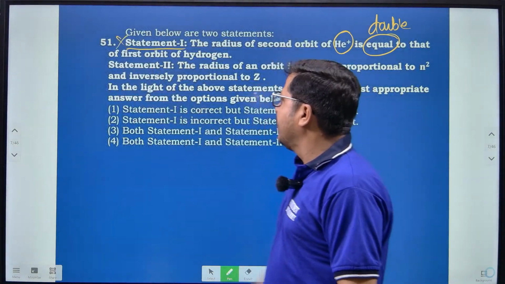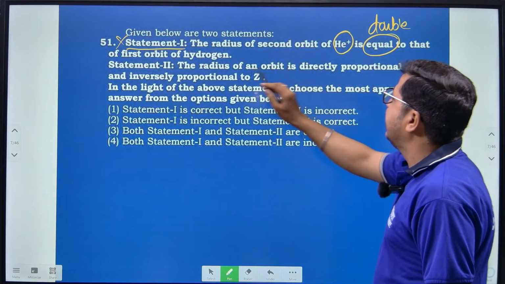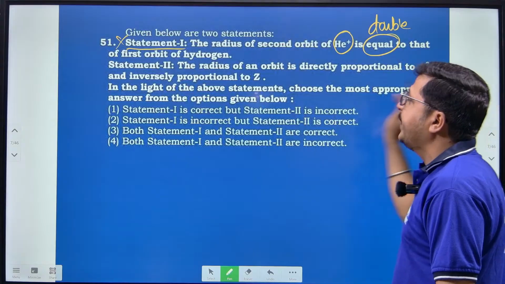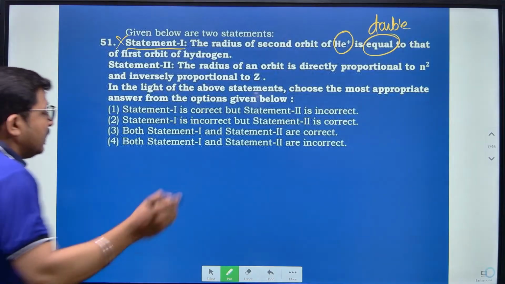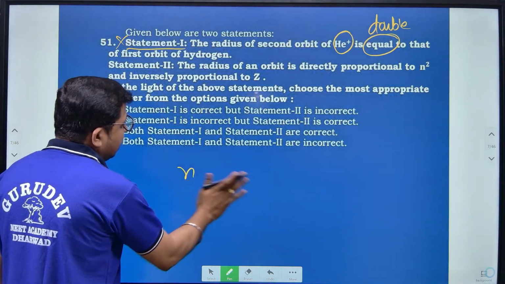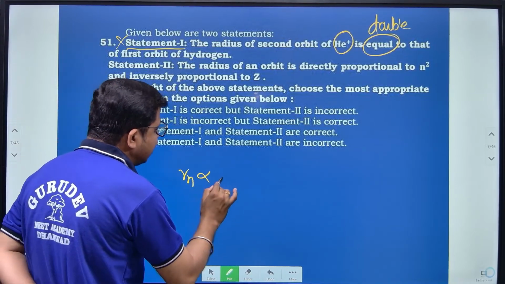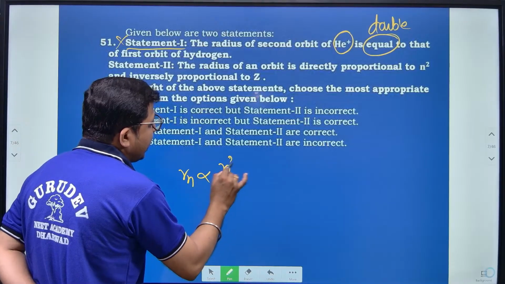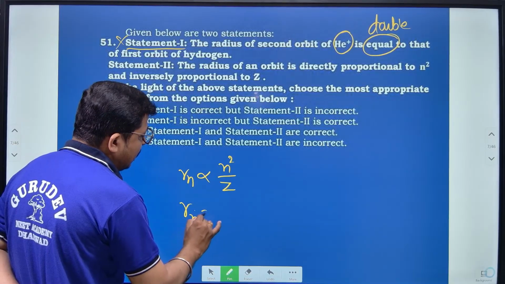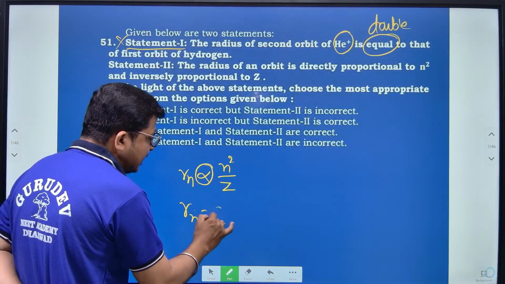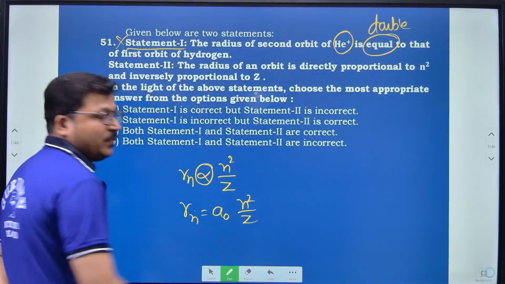And next, the radius of an orbit is directly proportional to n square and inversely proportional to Z. This is the equation: Rn is directly proportional to n square divided by Z. After removing the proportionality constant, we get Rn equal to a naught into n square divided by Z. Clear?